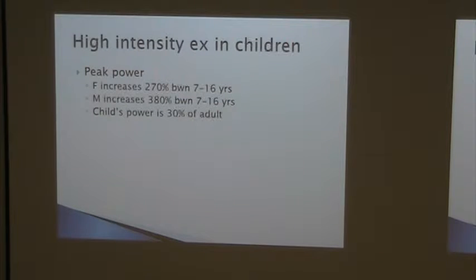But if you take a child at 10 years of age, after which it starts to improve, a child's power is only 30% of an adult's. So it makes huge increases as we go through ages 18 to 20. So that's peak power. That's that test, 0 to 10 seconds.